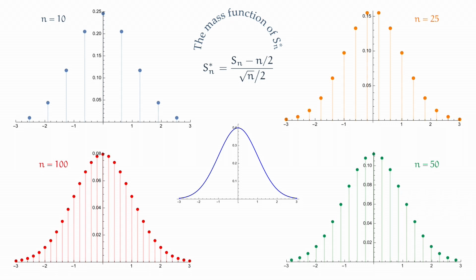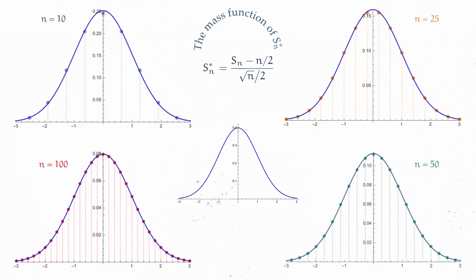If we do that, we find a remarkably good fit. A closer examination shows that the fit is least effective when n is small. But as n becomes larger and larger, the fit gets better and better, quite alarmingly so.